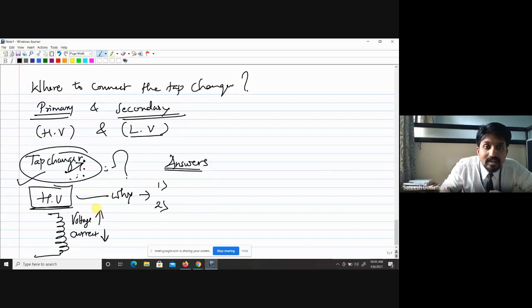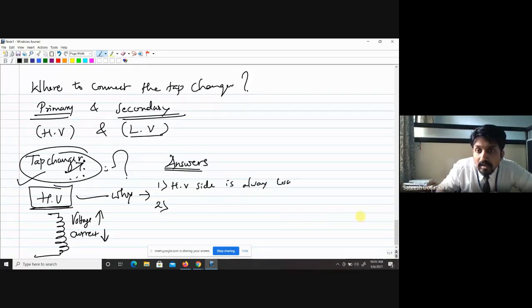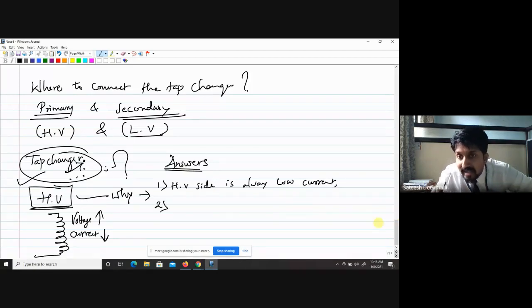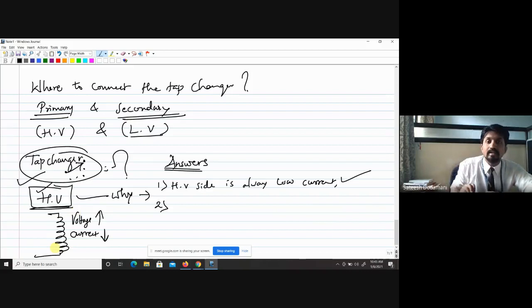The magnitude of current is low, so the sparking producing capacity will be low here. So this is one reason: the high voltage side always has low current, and you can interrupt that current momentarily easily without any problem. Hence this is one reason why we connect it to the high voltage side.